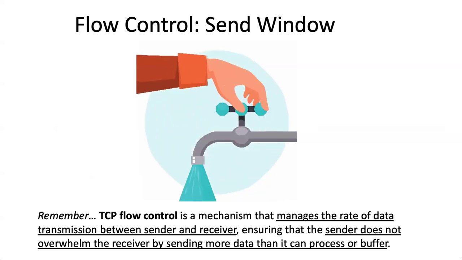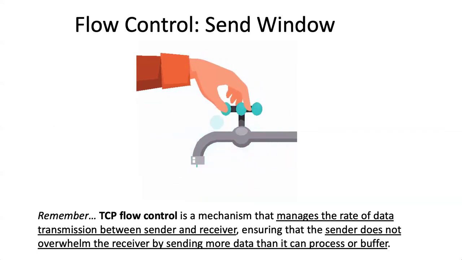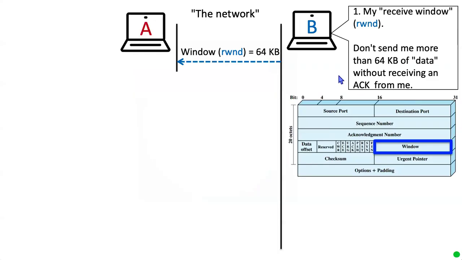TCP flow control is a TCP mechanism that manages the rate of data transmission between the sender and the receiver. This ensures that the sender does not overwhelm the receiver by sending it more data than it can process or buffer. So in this example, we have PCB advertising its receive window in every TCP segment.